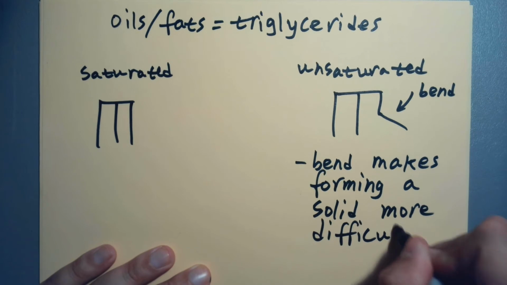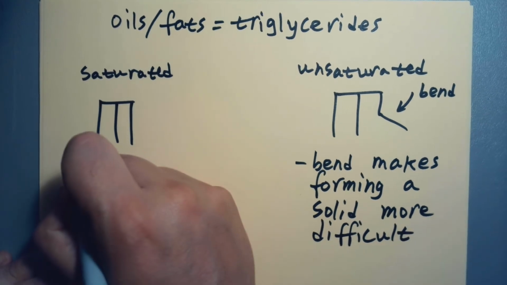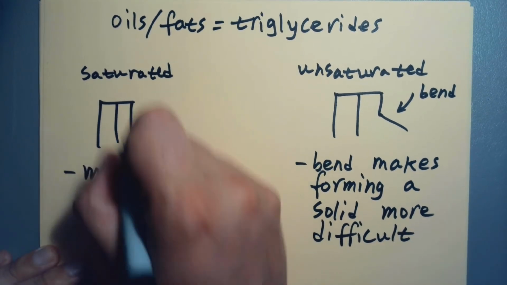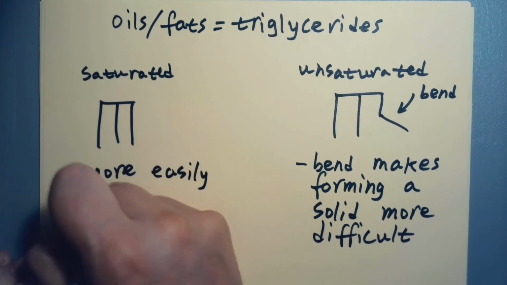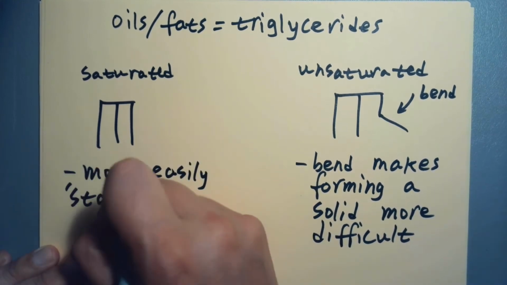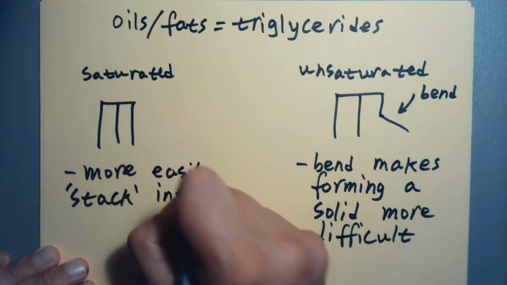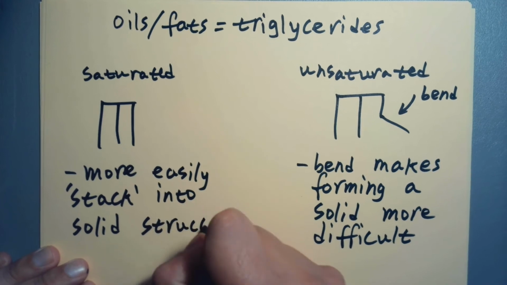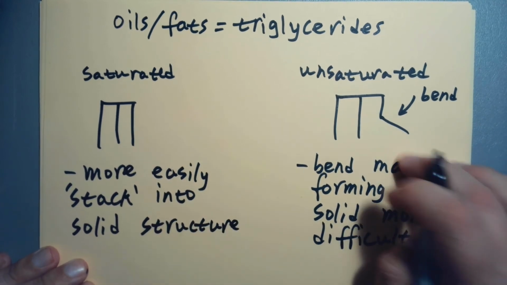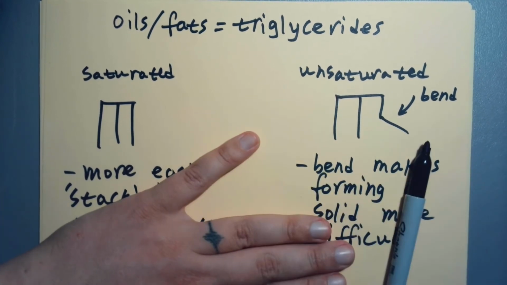Because remember, they got to kind of stack together to be a solid. These are going to more easily, so we're talking about saturated now, stack into a solid structure. These are harder to stack because they're taking up space.